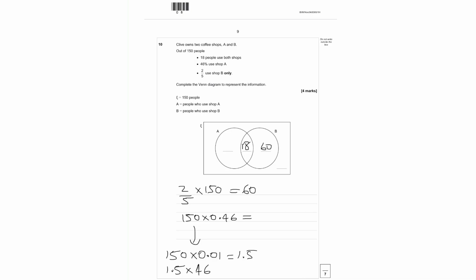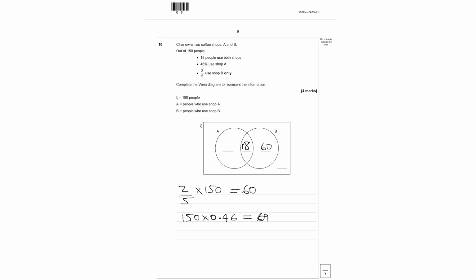Again, it might take a little bit of time to work out, but 1.5 times 4 is 6, times 10 is 60, and then 6 times 1.5 is 9, so we get 60 plus 9, 69. Again, you can work that out whichever way you want. I just did that off the top of my head. So I'll just write that in, so that's 69.